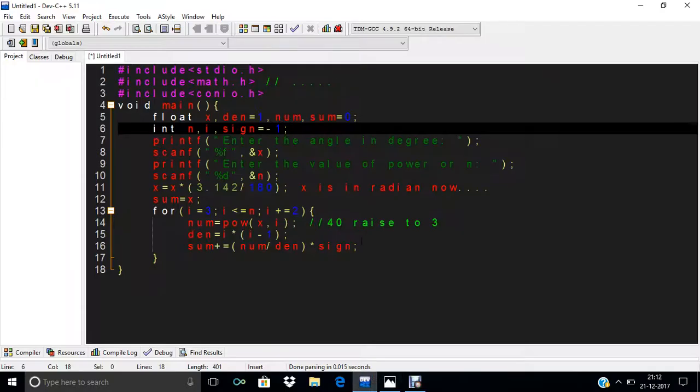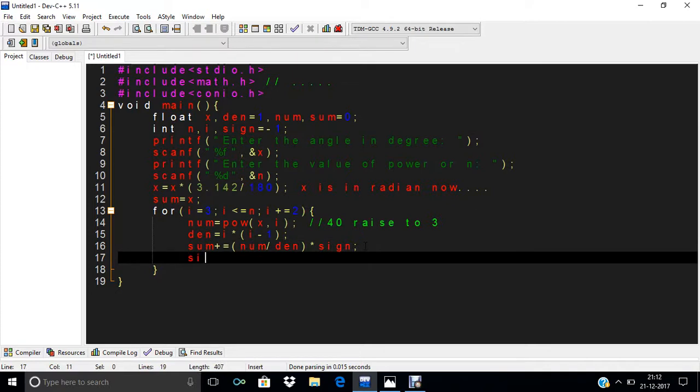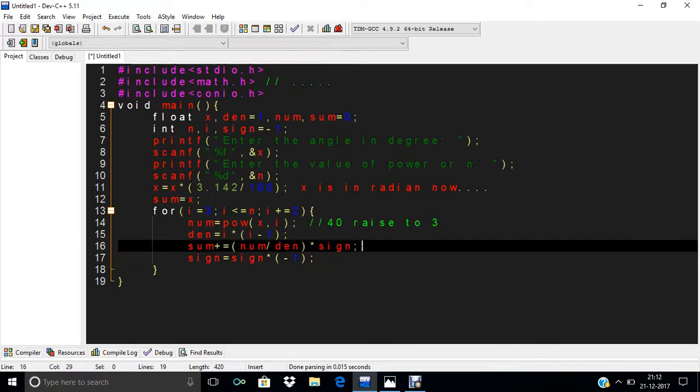To solve this, write this statement: sign equals sign into -1. So when it is done with the i equals 3 calculation, it will multiply sign by -1. So -1 into -1 is 1. When i equals 5, sign will have a positive value, that is 1.